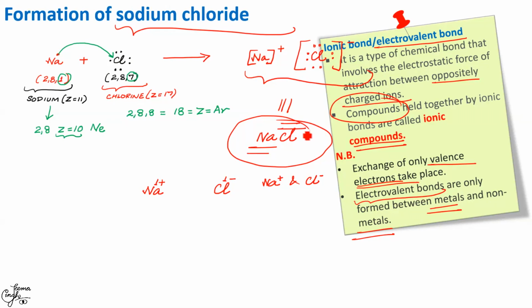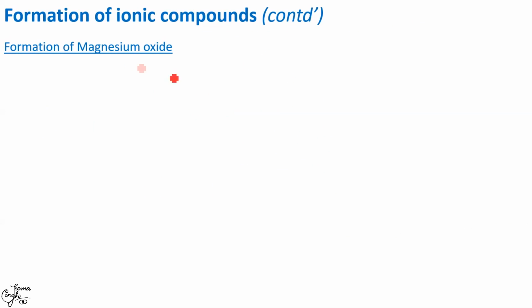Let us consider some more examples illustrating ionic bonds. Say, formation of magnesium oxide. First of all, you need to know the formula of magnesium oxide, MgO. Magnesium is the metal, oxygen is the non-metal here. So, writing the electron dot structure for magnesium, which has a configuration of 2, 8, 2 because its atomic number is 12, magnesium has 2 electrons in the outermost shell.